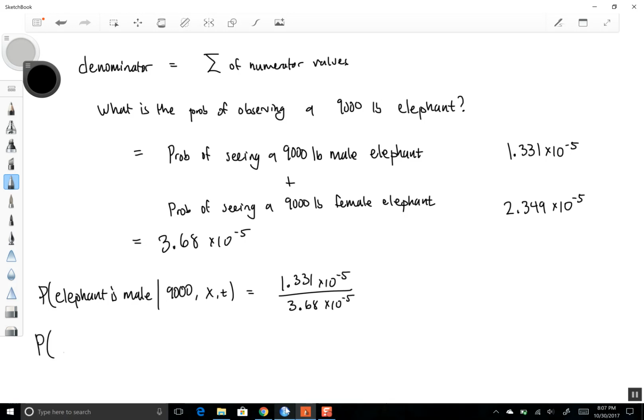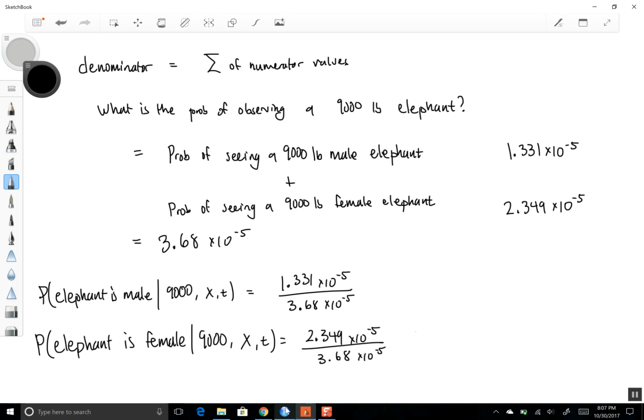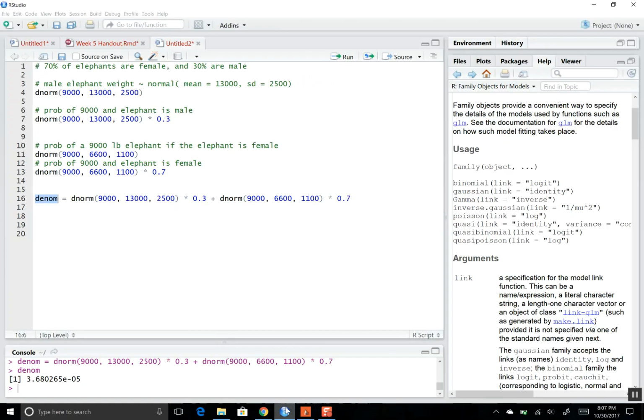And then the probability that the elephant is female given that the elephant weighs 9,000 pounds and all of our training data is going to be 2.349 times 10 to the minus 5 over 3.68 times 10 to the minus 5. Okay. All right, so let's just crunch this out.